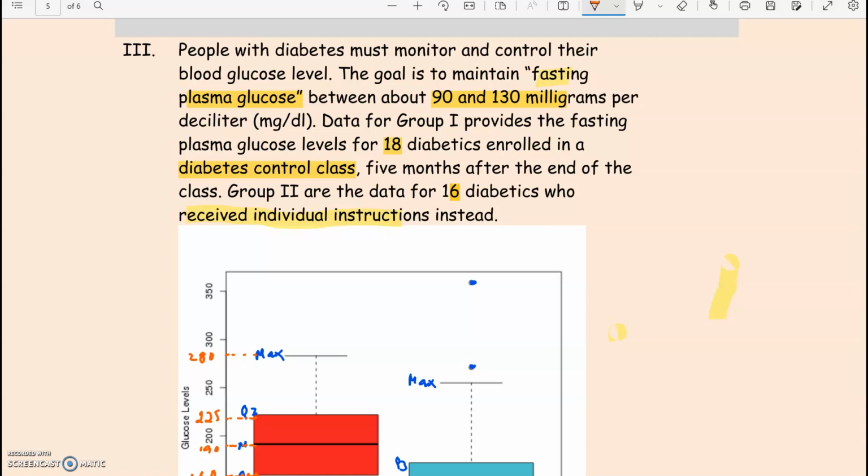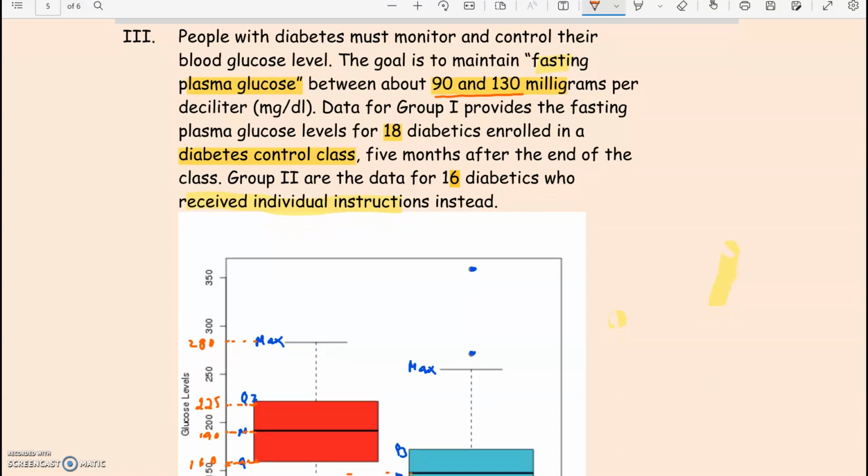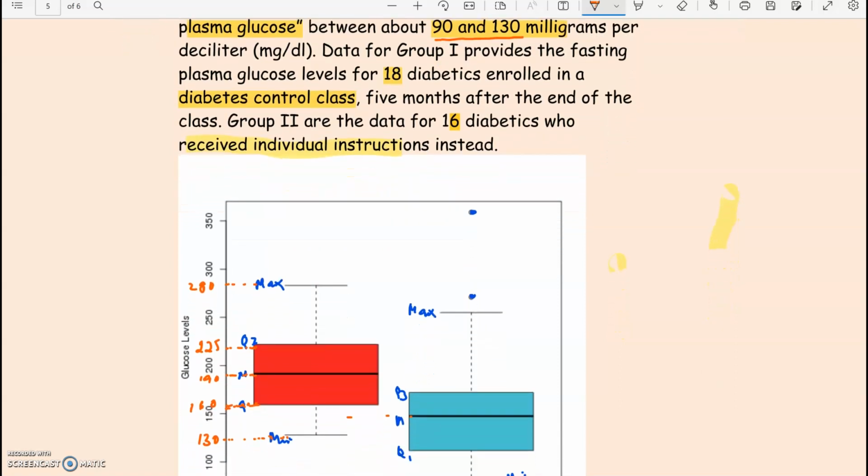What we're measuring for the two groups is the fasting plasma glucose, and the ideal reading should be between 90 and 130 milligrams per deciliter. So there are two groups, and each group gets a treatment.